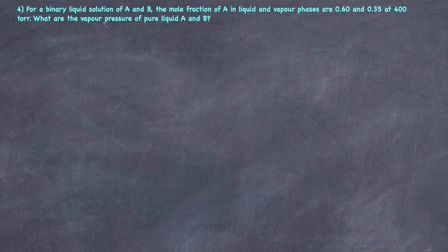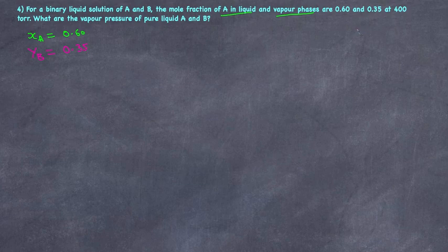It says for a binary liquid solution of A and B, the mole fraction of A in the liquid and vapor phase. So they gave us the mole fraction of A in liquid and vapor. In the liquid, that means XA is equal to 0.60, and in the vapor, which we represent as Y, YA is equal to 0.35 at 400 torr.